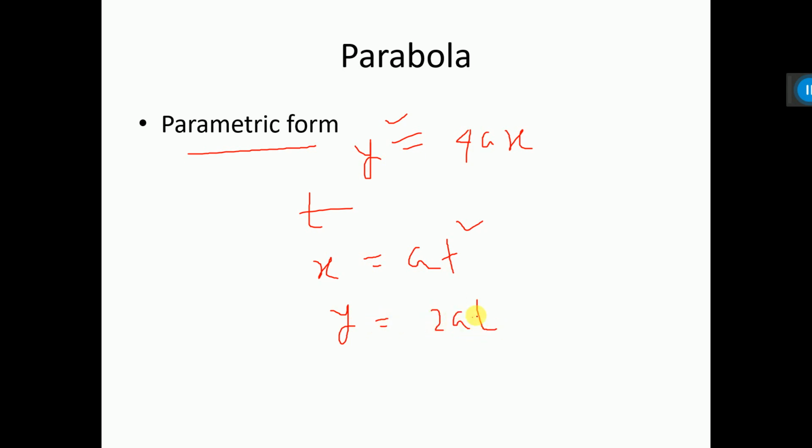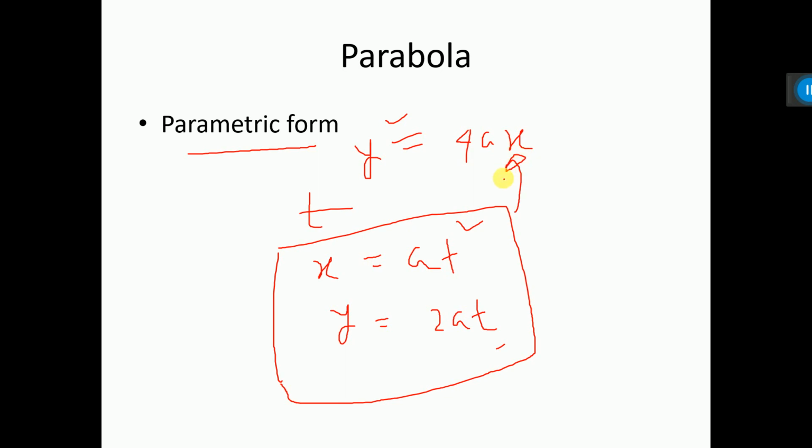If you eliminate the value of t from these two equations, you will get a relation between x and y. So this is called the parametric form.